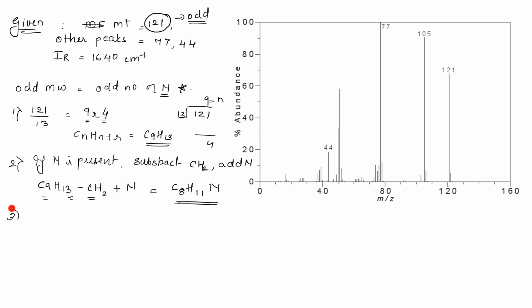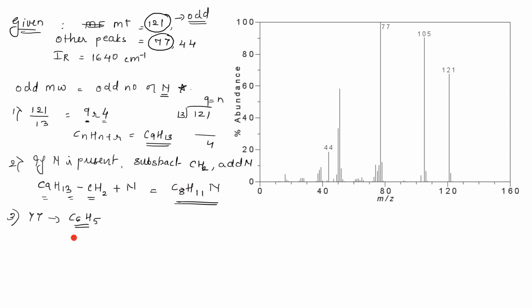Now there is some extra information given over here: at 77 there is a peak. You should remember that 77 is a characteristic peak for the C6H5 phenyl ring. If 77 is present in your mass spectrum, C6H5 is always present.